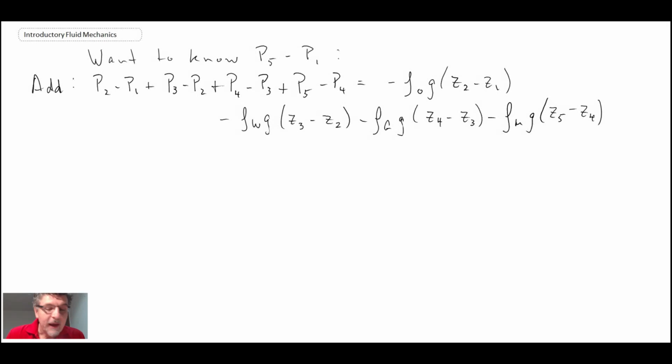Once we've done that, first of all, on the left-hand side, we have the pressures. We can see that P2 is going to cancel out with that P2, P3 is going to cancel out with that P3, and P4 will cancel out with that P4. So what we're left with is P5 minus P1 on the left-hand side.